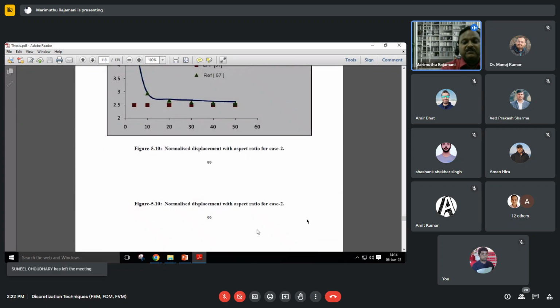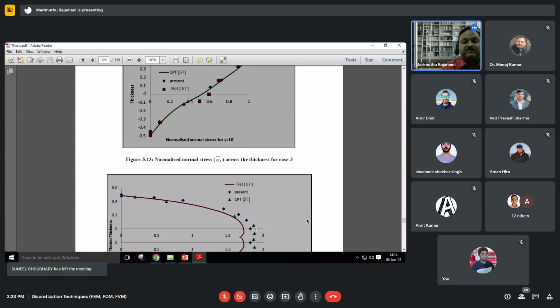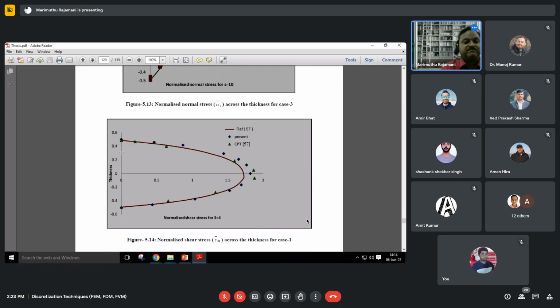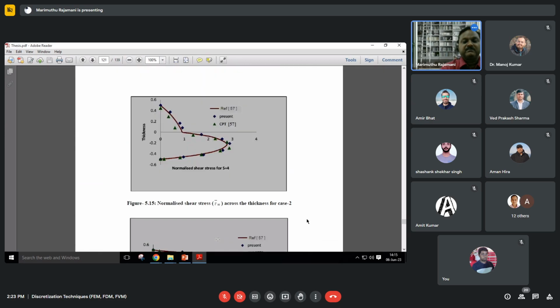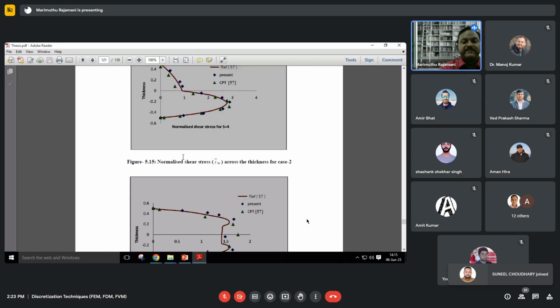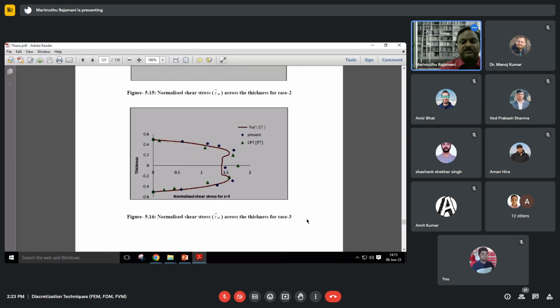This is to show the variation of normal and shear stress, tau xz variation. And this is tau xz for different combinations of 0, 90, 90, 0, like that. Actually, three cases have been considered.